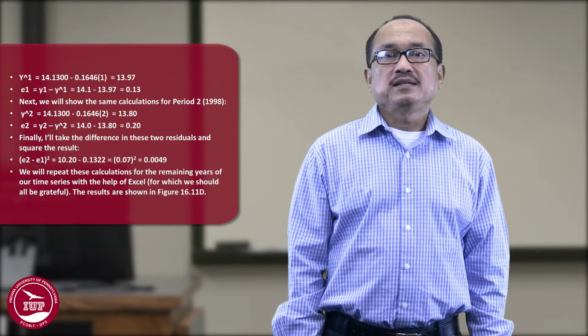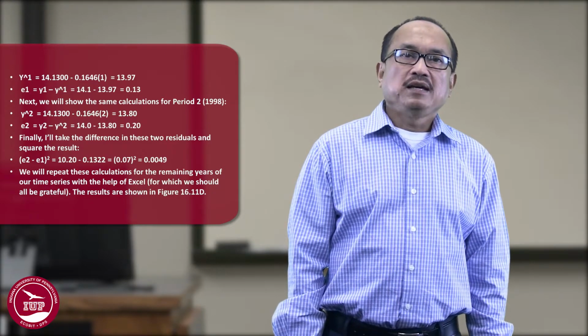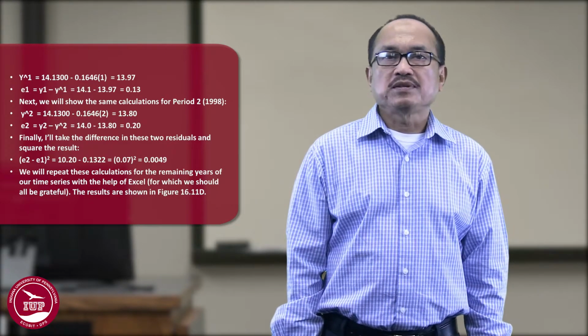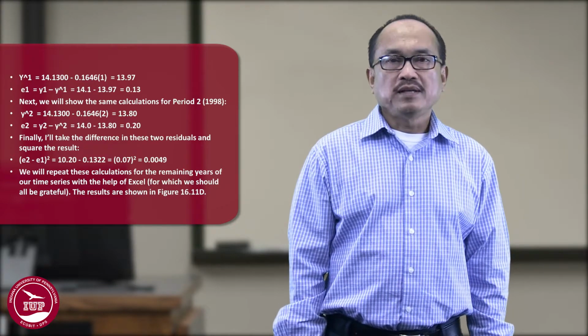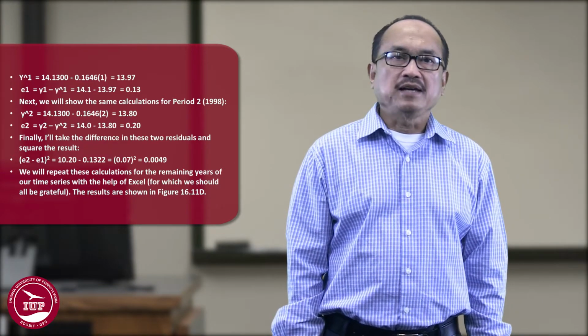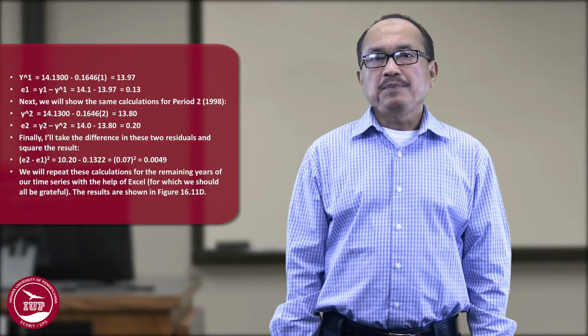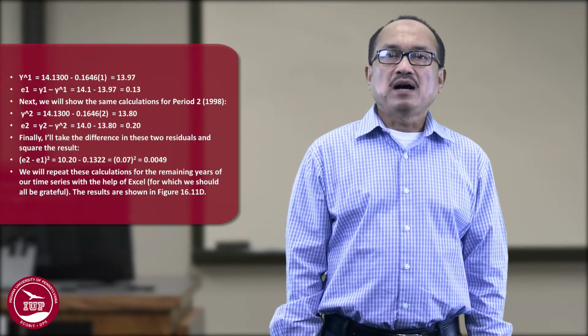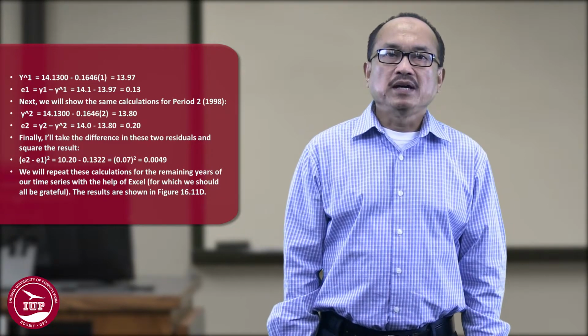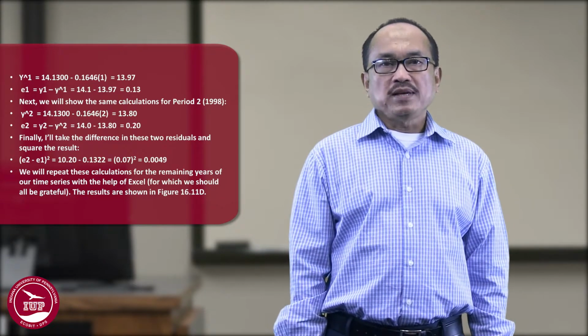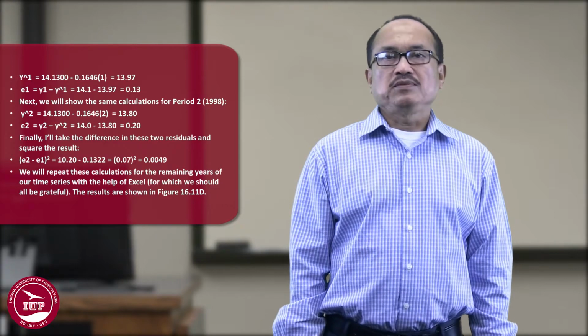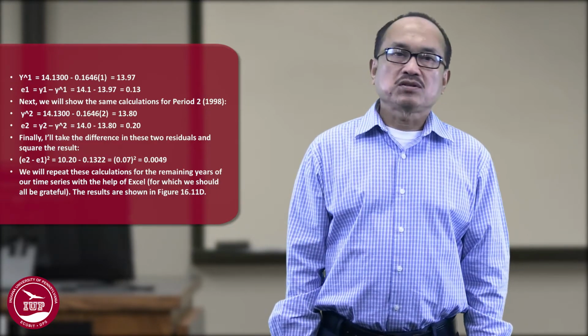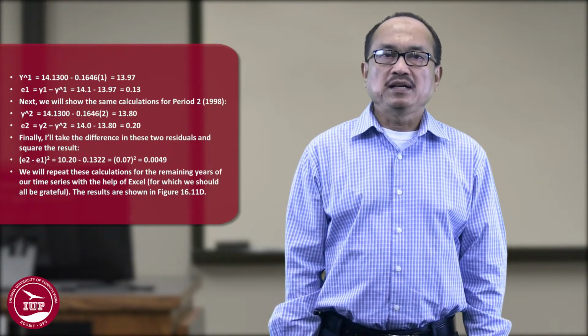E2 minus E1 squared equal to 0.07 squared equal to 0.0049. We will repeat this calculation for the remaining years of our time series with the help of Excel, for which we should all be grateful. The results are shown in figure 16.11d.